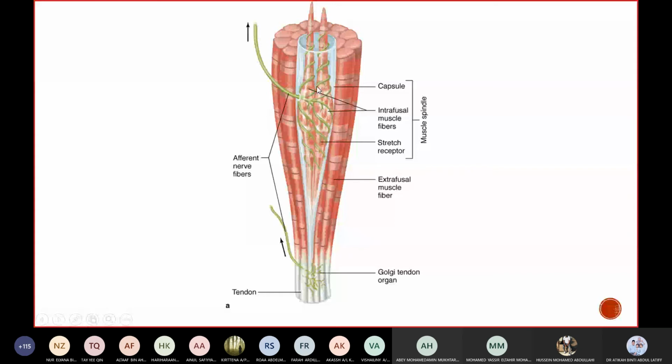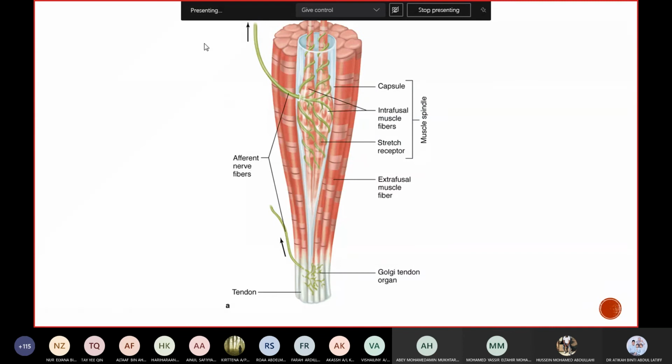So during movement of the muscle, both your muscle spindle and Golgi tendon organ will give afferent or sensory information to the brain, and then later the brain will give orders to your muscles to control the movement according to this sensory information. Okay.